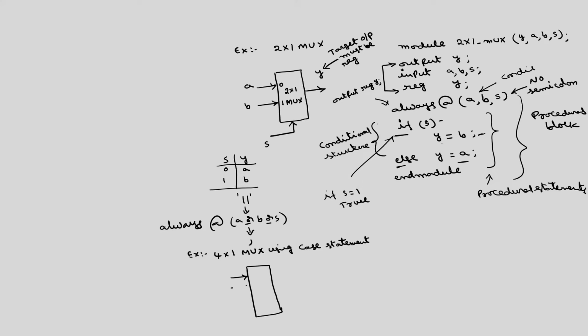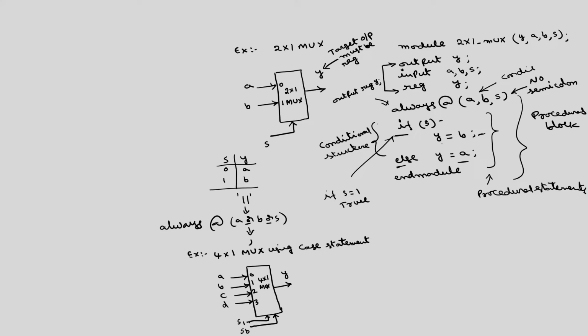Let us call the inputs A, B, C, D, connected to 0, 1, 2, 3 inputs, and only one output. This target output you have to use as a register data type, and here there will be 2 selections, S1, S0.